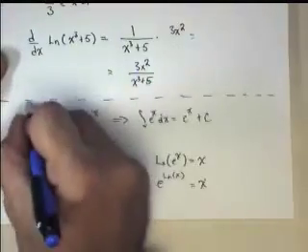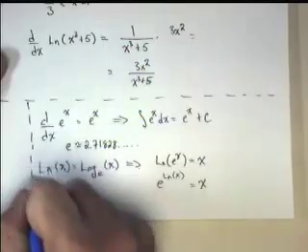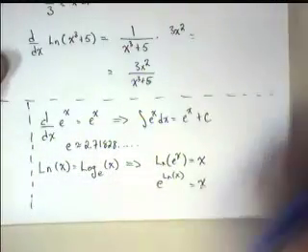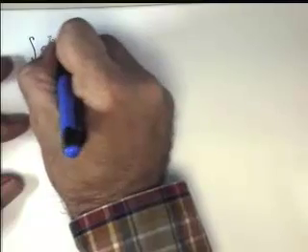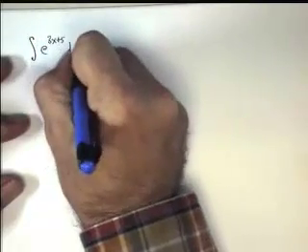So we have these new facts that we can use in our homework. Let's take a couple examples here. First of all, how would we do something like the antiderivative of e to the 3x plus 5 dx? There are two ways to do this.